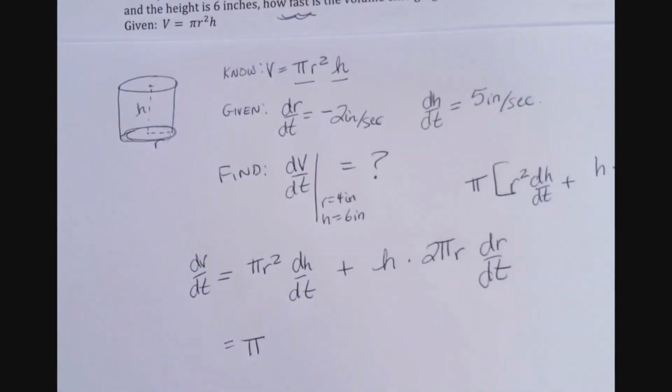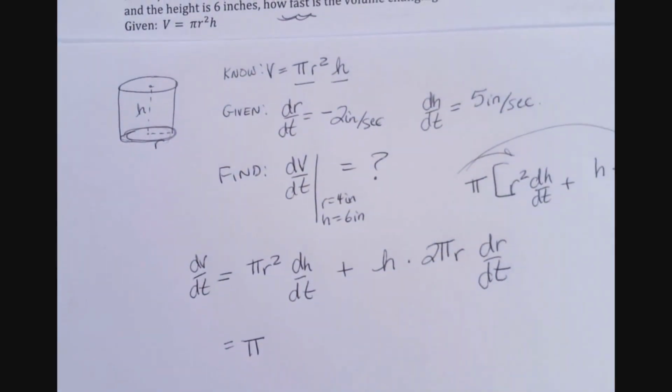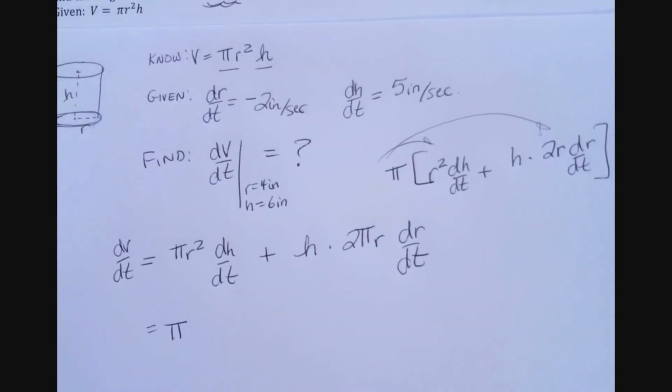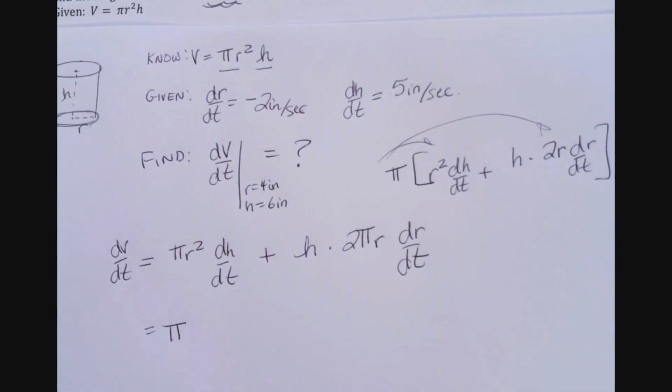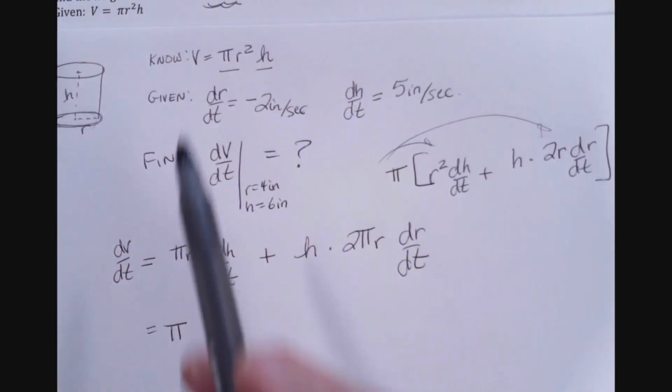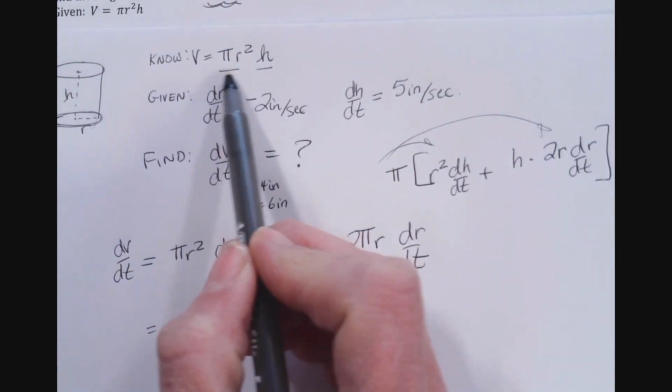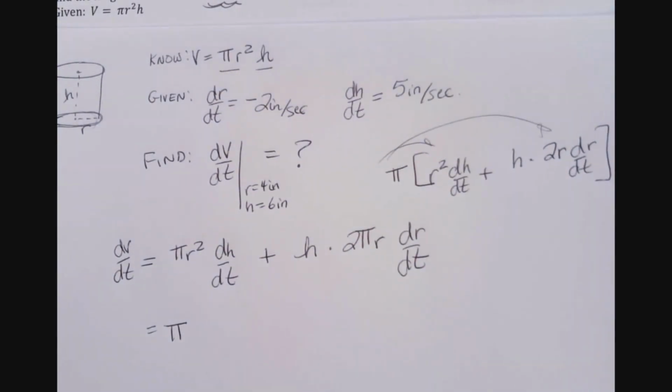And then if we distribute that pi, you get exactly the same thing that we had. So it doesn't matter which way you do it. You can either pull out the constant, or you can leave it in and treat it as the first factor.